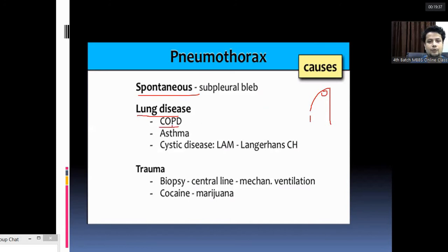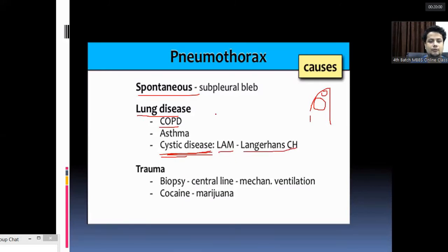An emphysematous bulla may be present, which may rupture causing pneumothorax. Asthma may also cause pneumothorax, and sometimes lung cysts, cystic disease of the lung, may also cause pneumothorax. If they ask you names of cystic diseases of the lung, you may remember these 2 names: lymphangioleiomyomatosis and Langerhans cell histiocytosis.